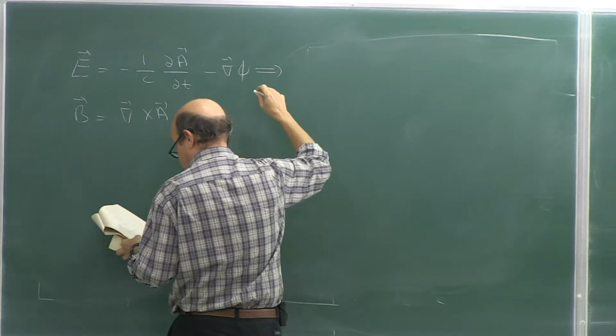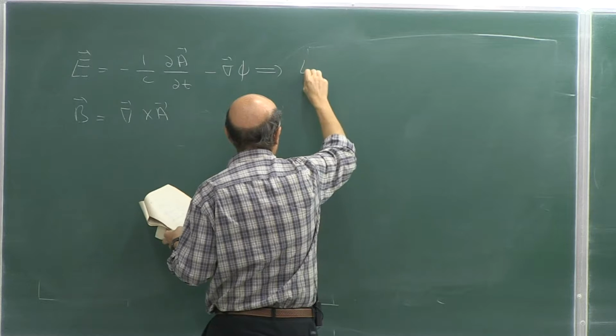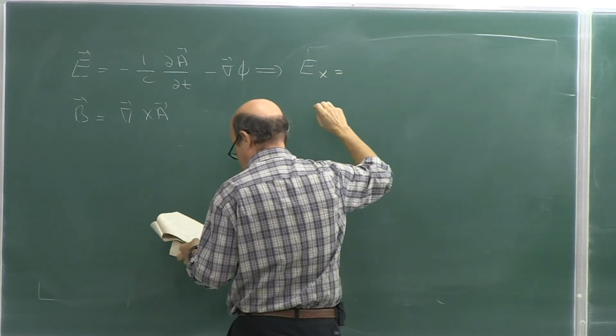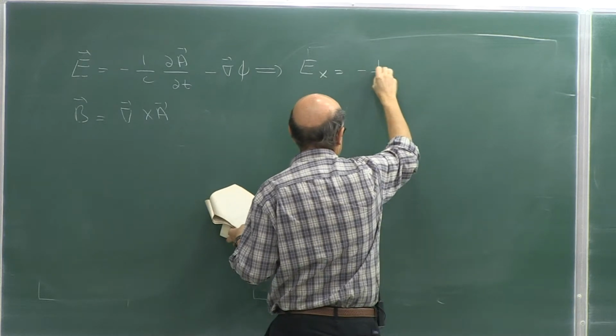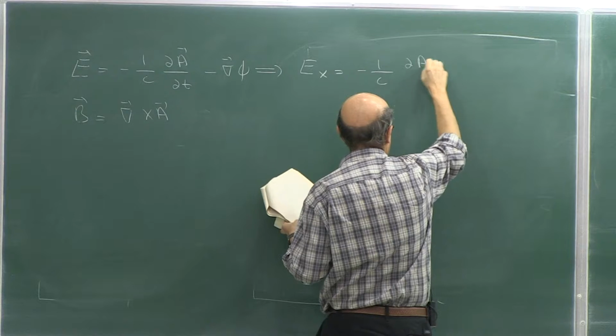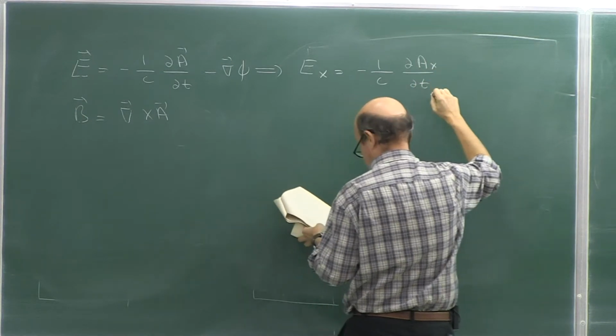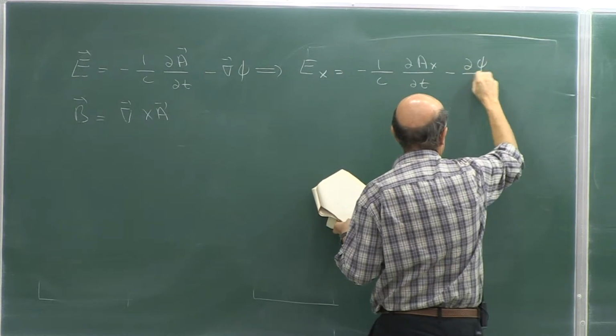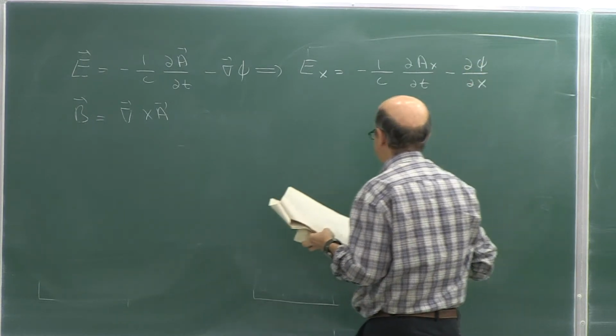Let us write it for just the x component. If you write this for the x component, you will obtain minus 1 over c del Ax over del t minus del phi over del x.